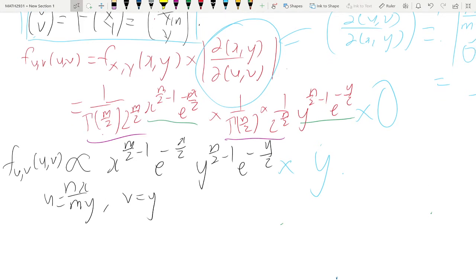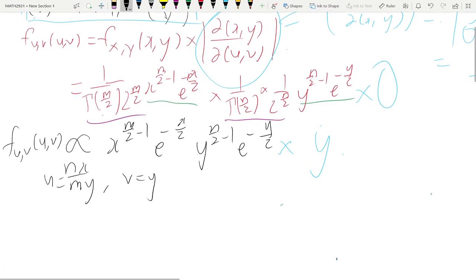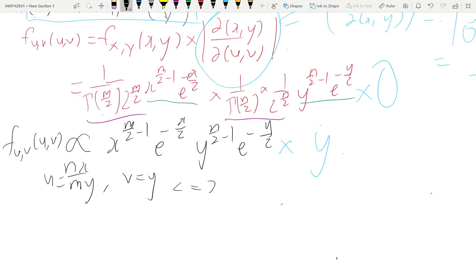You can replace y pretty easily, just make it v. For x, you need to do some rearranging. So x here equals nuv over m, because y and v are the same. Where we see x, you just replace it with this thing, and where we see y, you replace it with v.